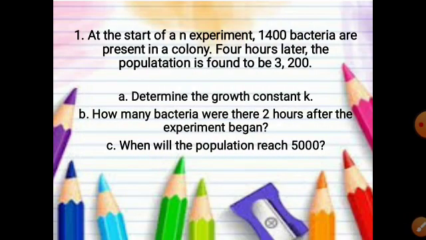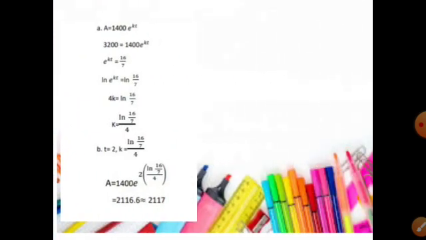Next is B. The question is, how many bacteria were there 2 hours after the experiment began? So t is equal to 2, which is our time. Then k is equal to ln of 16 over 7 divided by 4, which is our k constant.